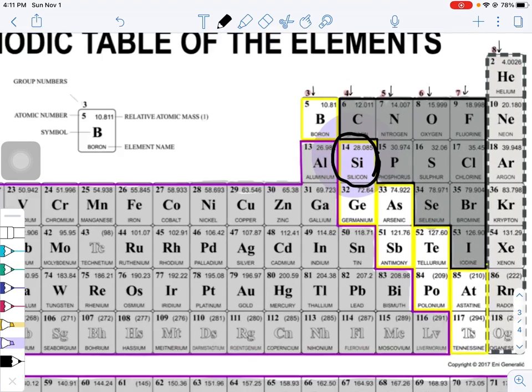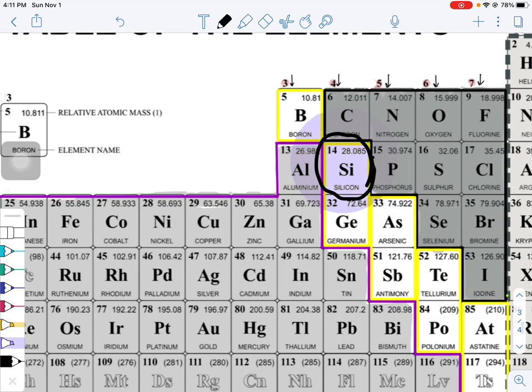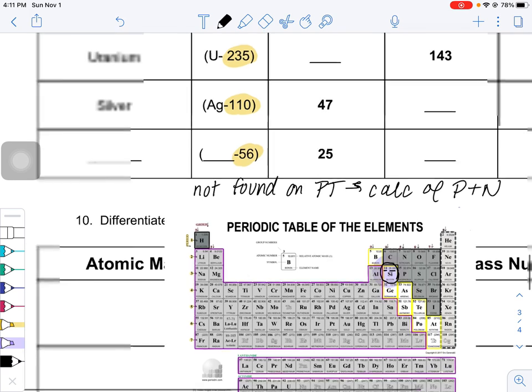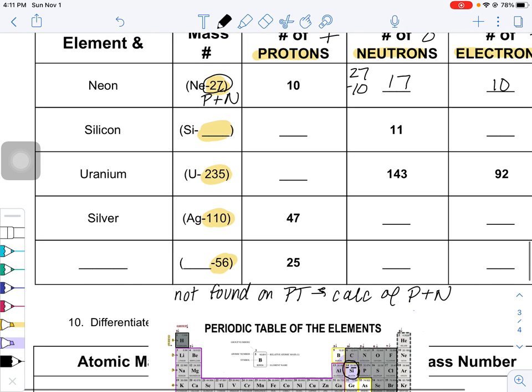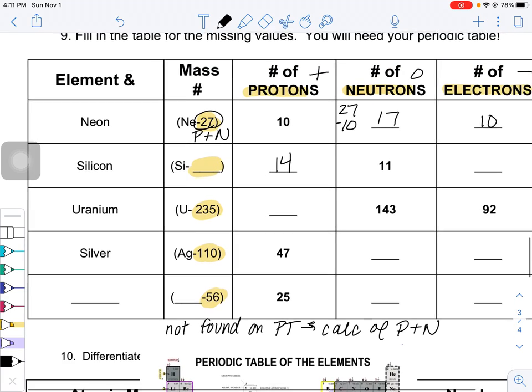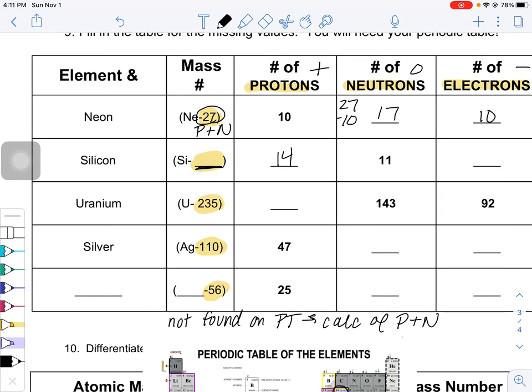So I'm looking at this table and I see that I've got two numbers, the 14 whole number and then the 28.085. We know that whole number is always our protons. So I can pop that in right up here for number of protons. And now, because the mass number is not found on the periodic table, I need to do a little calculation.